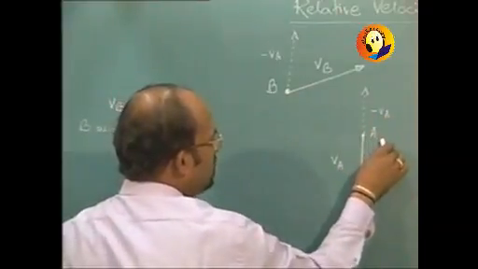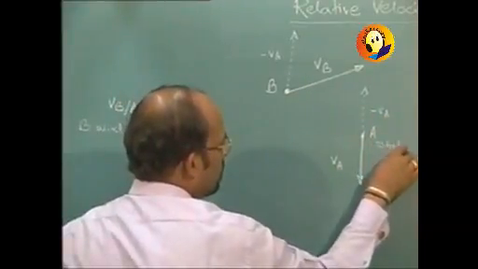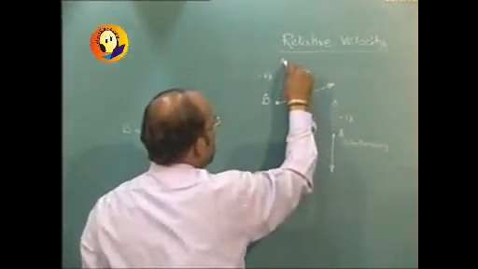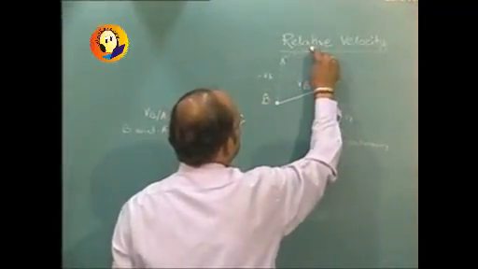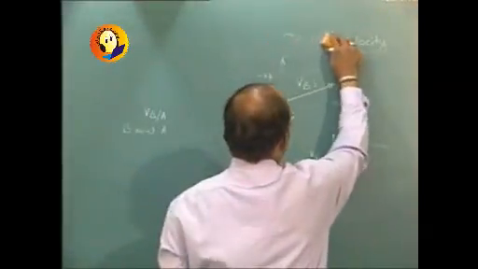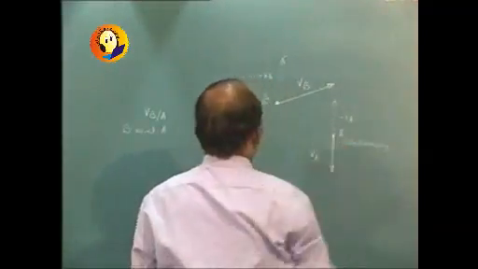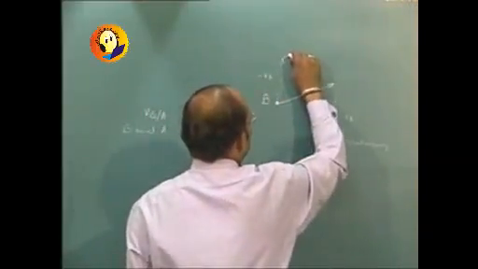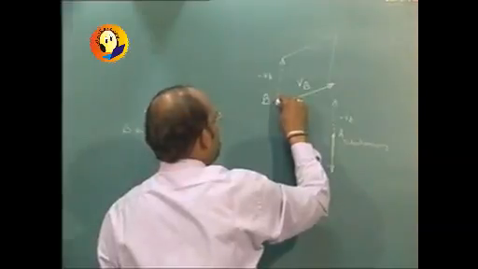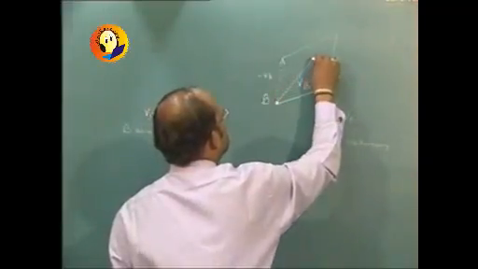So, A becomes stationary, and then B will have the resultant velocity, being the vector addition, the resultant velocity of B can be found out by the usual law of parallelogram, and we will find that B is moving in this direction.